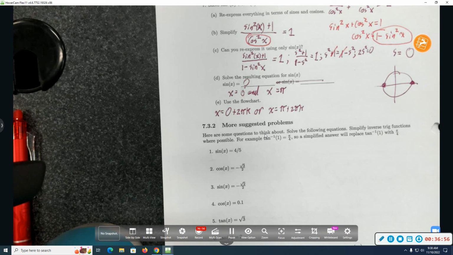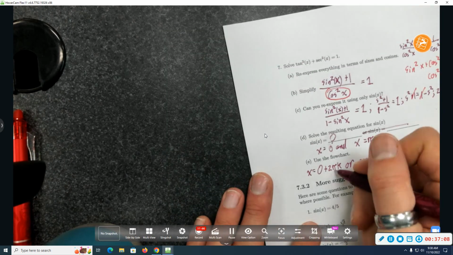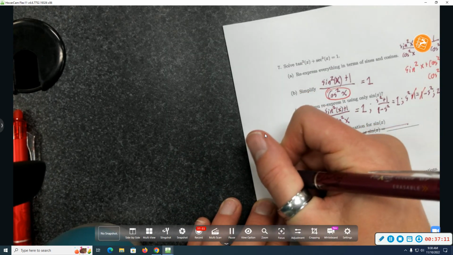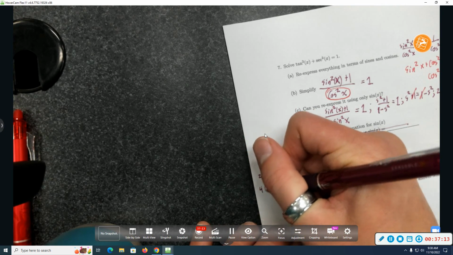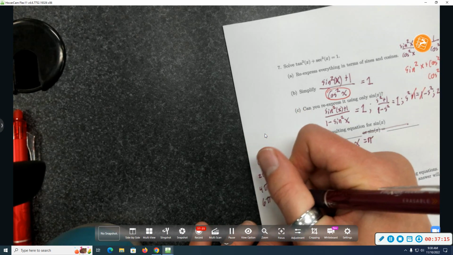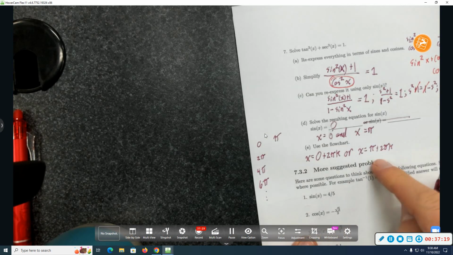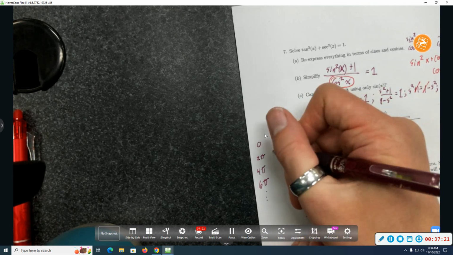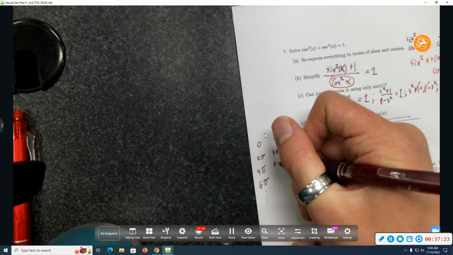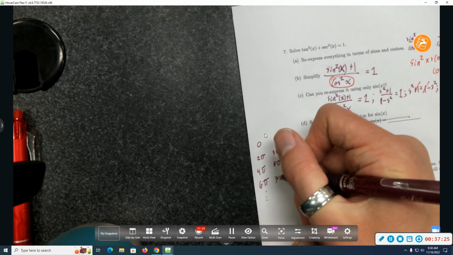Well, we can simplify that a little bit, right? Yeah, how? Well, let's write them down. If you follow this family, it's either 0 or 2 pi or 4 pi or 6 pi and so on. This family will give us pi. Pi plus 2 pi is 3 pi. 5 pi. 7 pi.